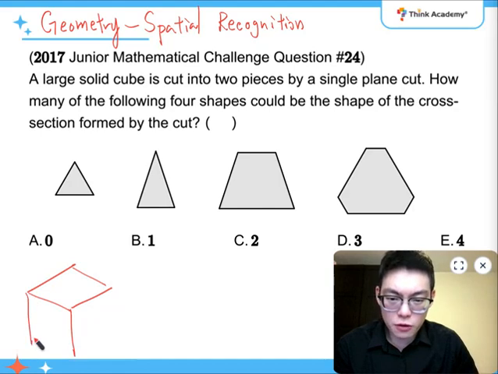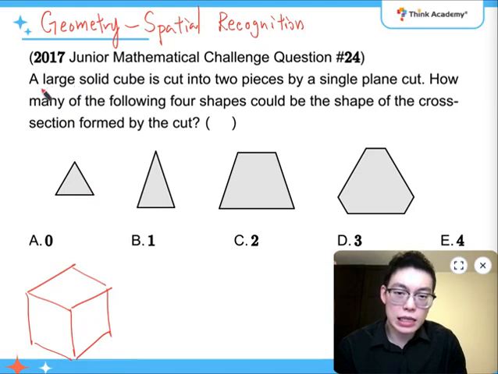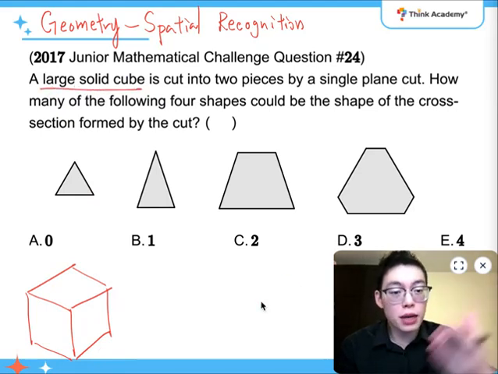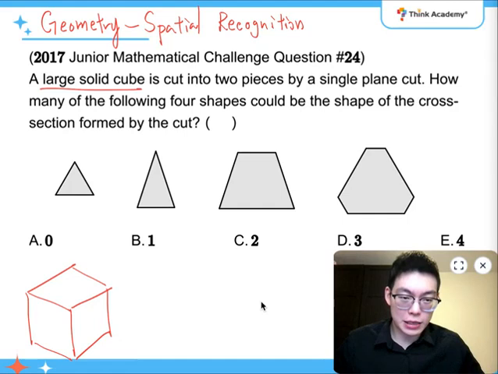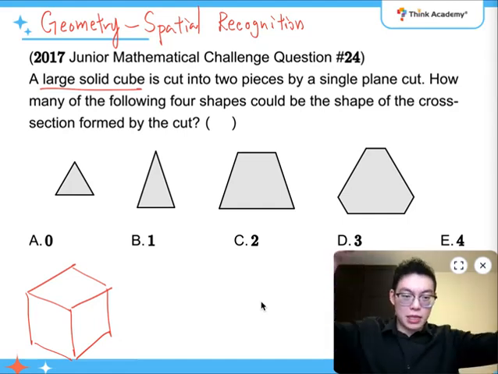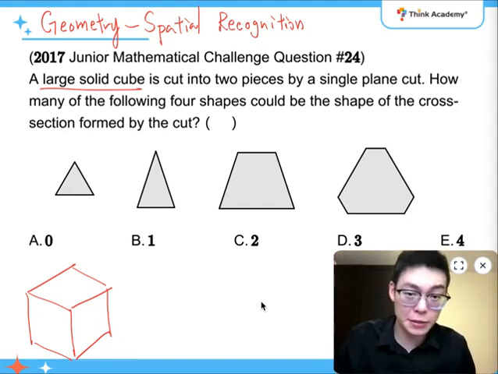So first of all, we can try to draw a cube. Yeah? Because it says that I need a cube, right? And then it's cut into 2 pieces by a single plane cut, which means that imagine I'm using a knife or like a piece of paper cutting through it, and it's going to be showing as a plane, right?